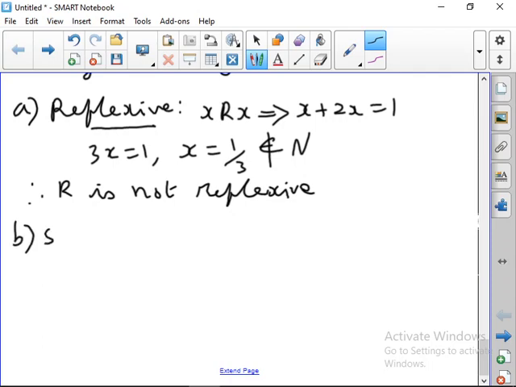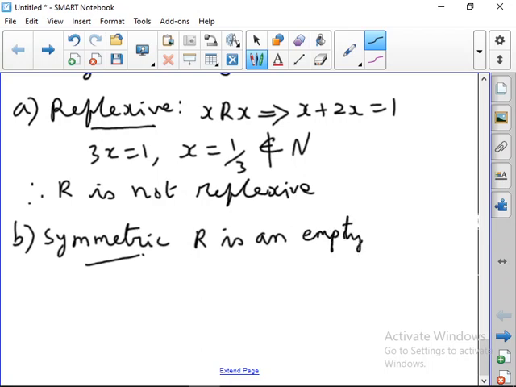Then we'll go to symmetric. R is an empty relation. Since it is an empty relation, we can say that it is symmetric. Okay, we have seen the empty relation in the illustration. An empty relation will be symmetric as well as transitive.